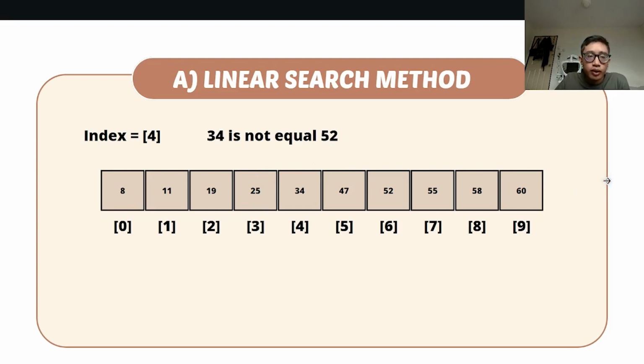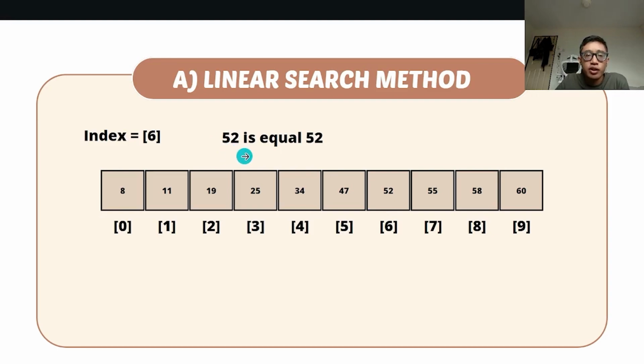After that, index 4 contains 34, which is not equal to 52. We move on. In index 5, the item is 47, which is not equal to 52 either. And last but not least, index 6 contains the item 52.